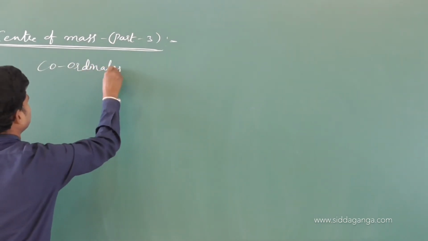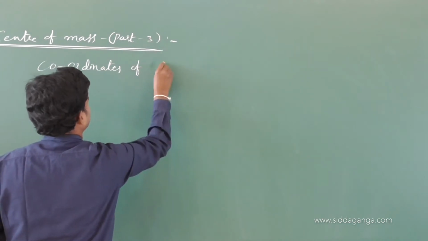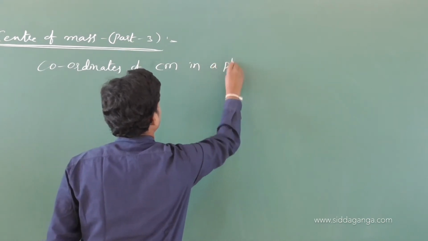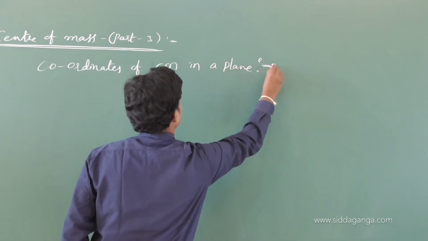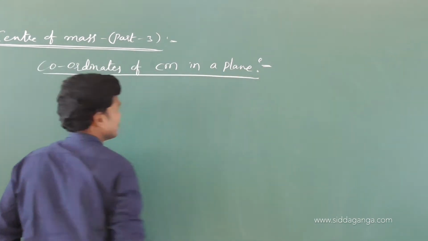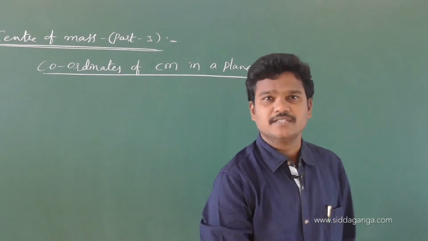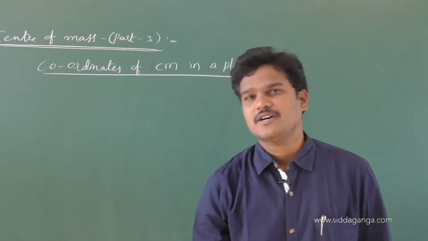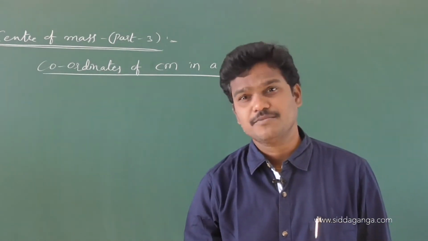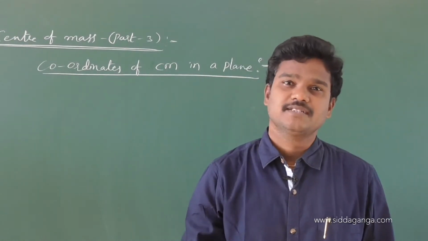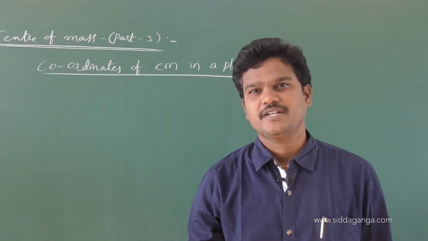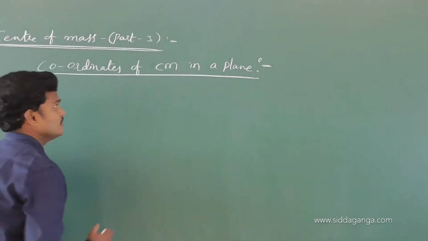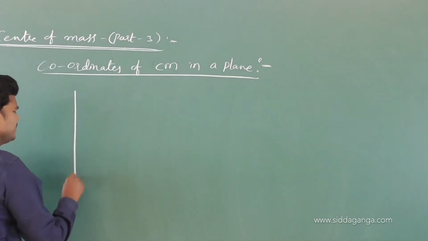Along the x axis, if n particles are there, you know the coordinate of center of mass along the x axis: xcm is equal to m1 x1 plus m2 x2 plus m3 x3 and so on up to mn xn, by m1 plus m2 plus m3 and so on up to mn. In the same manner, let us consider particles in the xy plane.